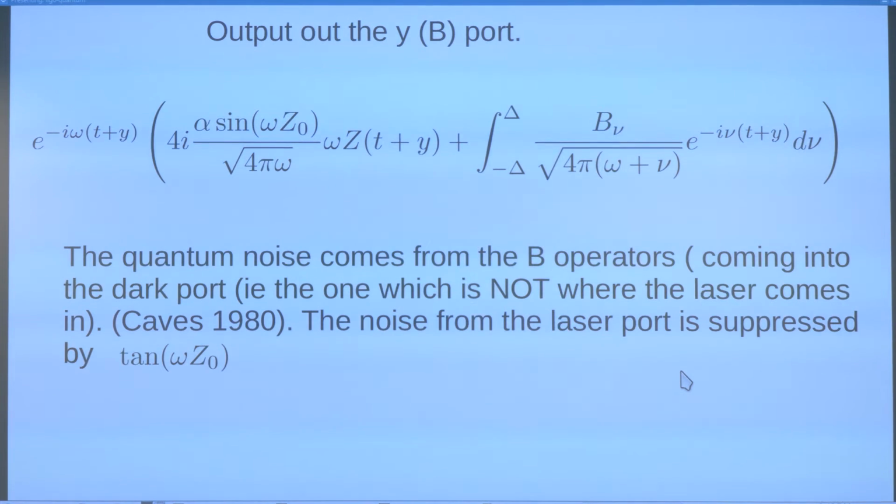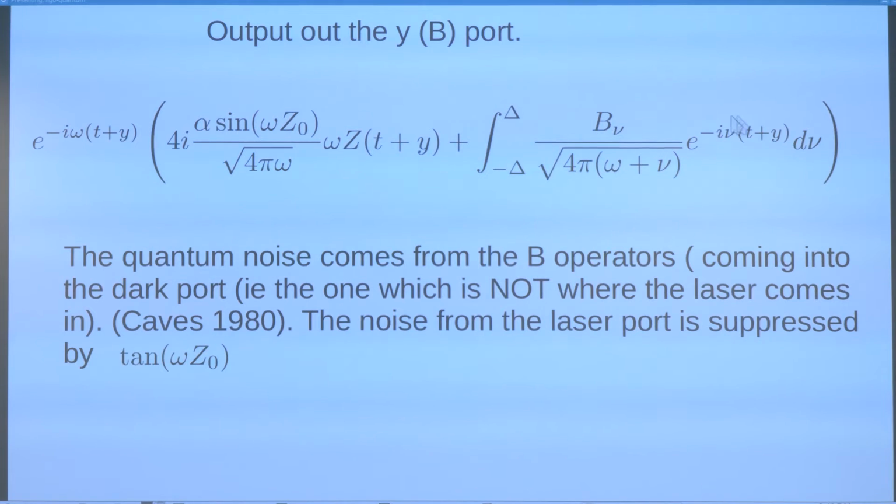And so we finally find what the output of the Y port, of the dark port, looks like this. It has one term in there which depends on the displacement of the mirror, and another term which depends on the annihilation and creation operators that came into the dark port.